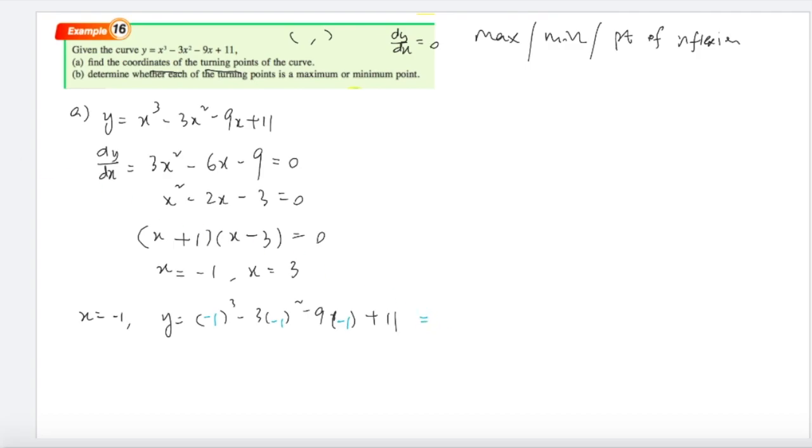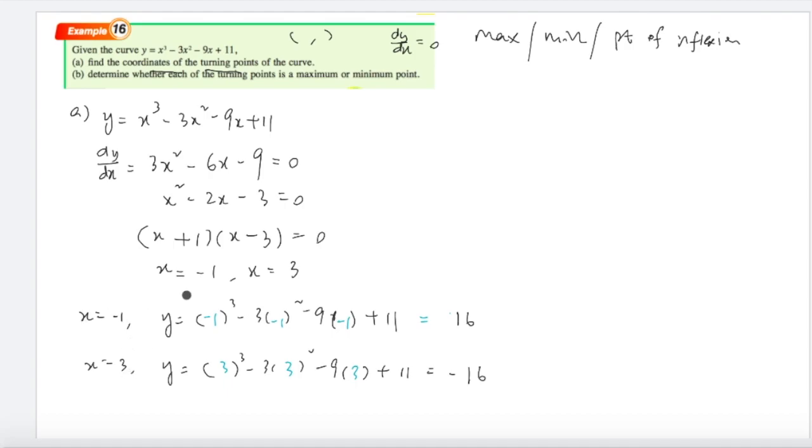Next also, when x equals to 3, you substitute to your original y, you will get the y value, then you can get the coordinate. You put 3 here. Okay, calculator, calculate now. You will get here is 16, here is negative 16.